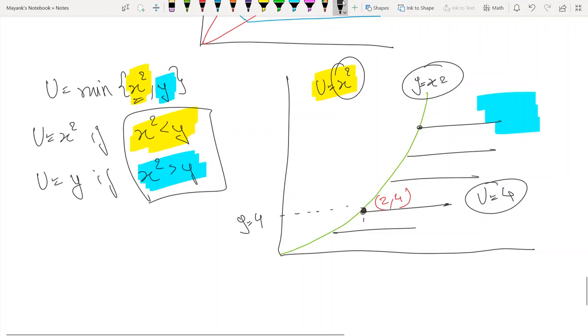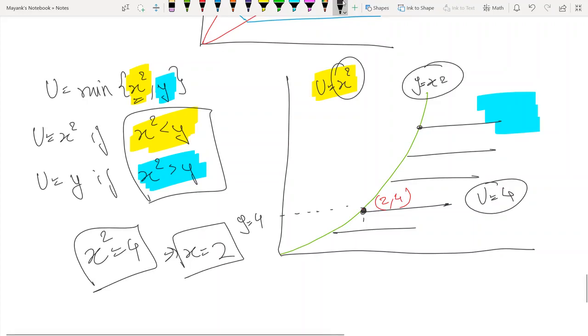So all the points which obey x square equal to 4 should be at utility level 4. Which points obey x square equal to 4? Minus 2 we don't want to consider. So basically x equal to 2. What is the curve for x equal to 2? A vertical line. So it's not a parabola.